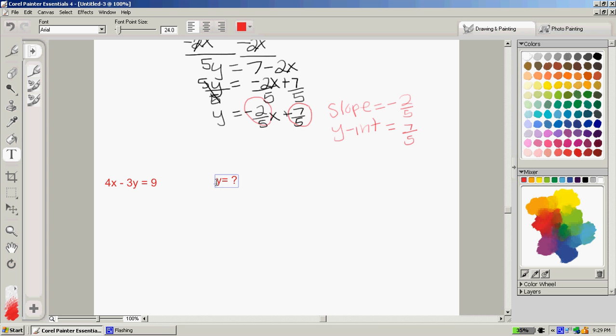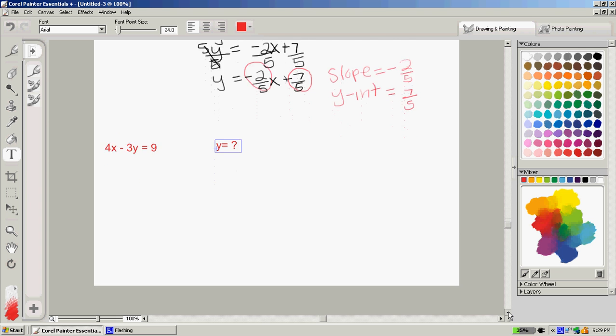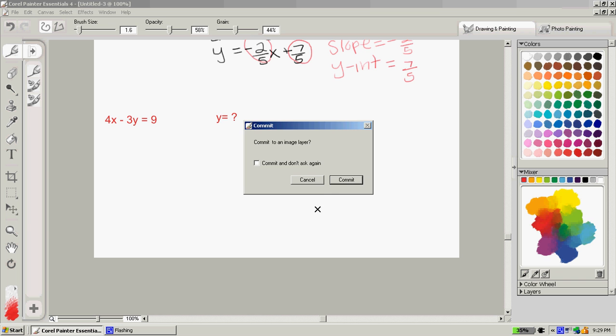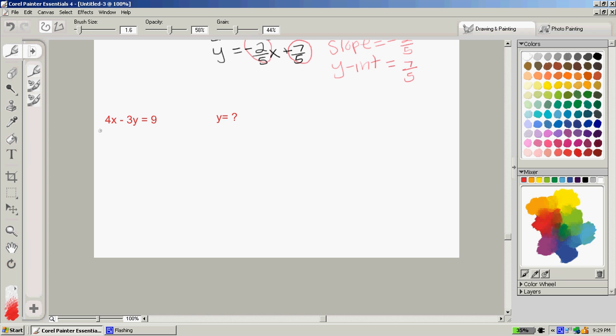Again, you want your equation to look like y equals something in order to figure out what the slope and the y-intercept are. So to do this, we have to solve for y. So we have to get rid of this 4x.